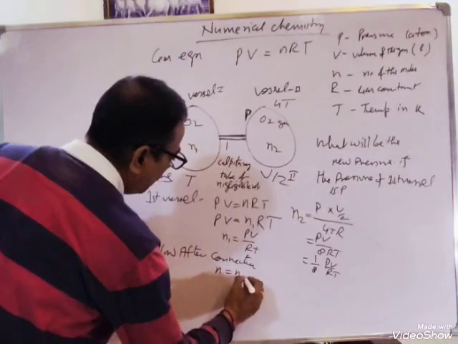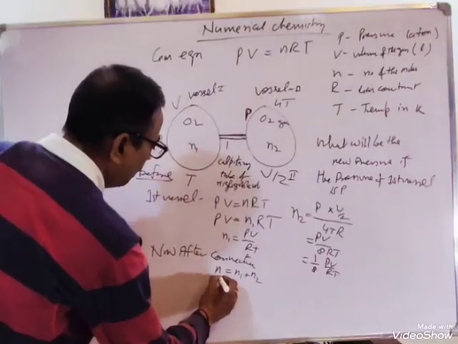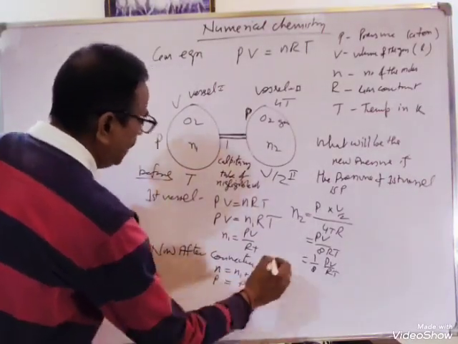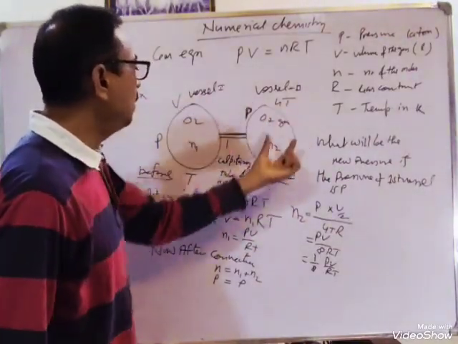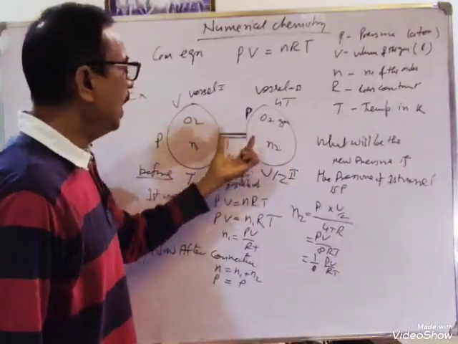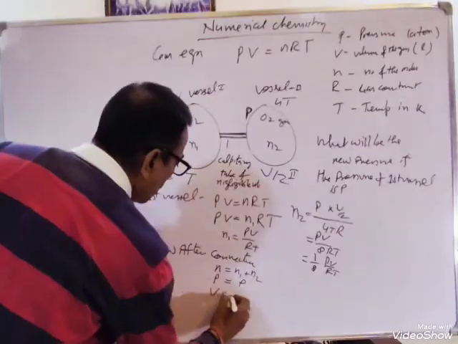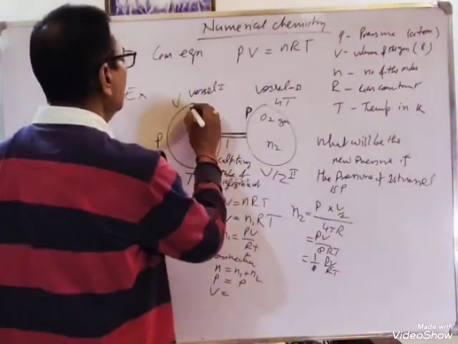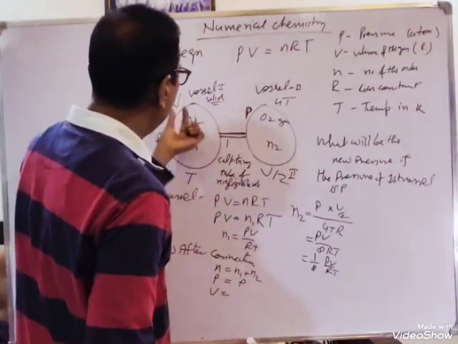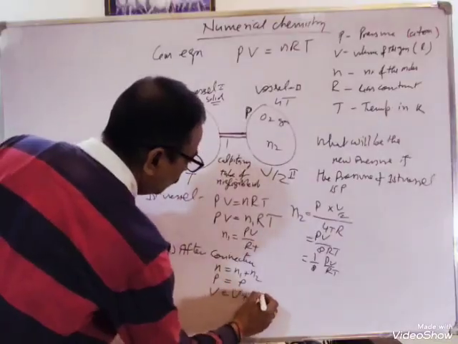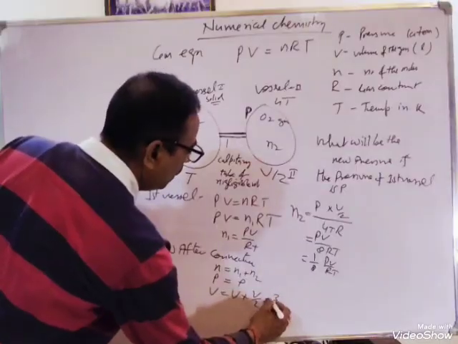Total moles will be N1 plus N2, both added. The volume will be the sum, because these are solid vessels: V plus V by 2, which is 3 by 2 V.